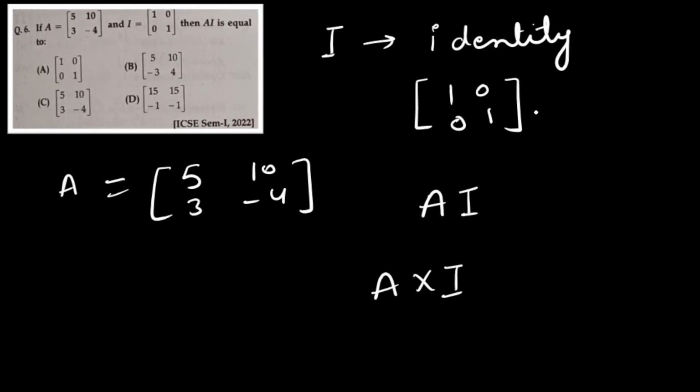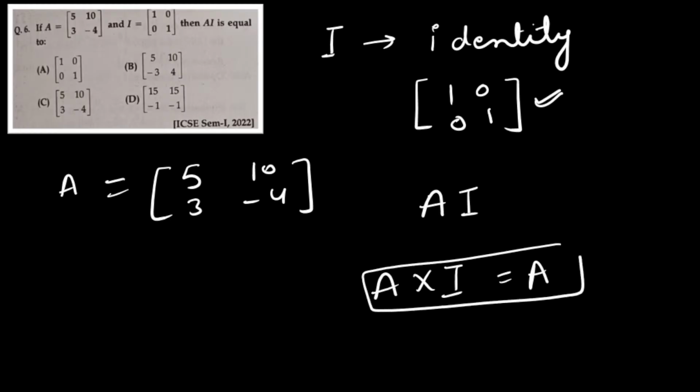The identity of matrices is written in this way. In the same way, if you multiply any matrix with its identity, the answer will be the same. So you don't have to do multiplication here. Just remember the concept: any matrix multiplied with the identity matrix gives the matrix itself. So here option C is the correct answer. No need of solving.